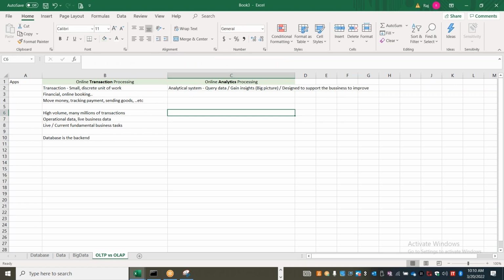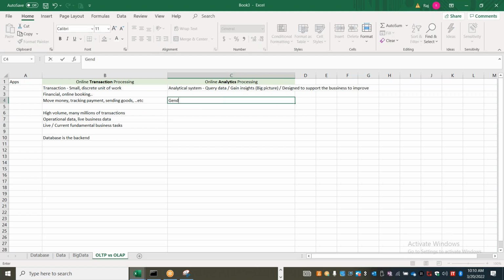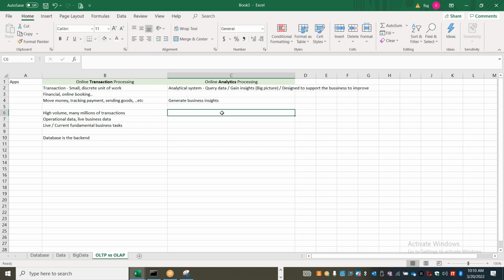It is capturing all the information and giving you insight. It is going to generate business insight: where exactly you need more ATMs, or where you need more trains, or where we need to have more funding. So it will help you make proper business decisions.